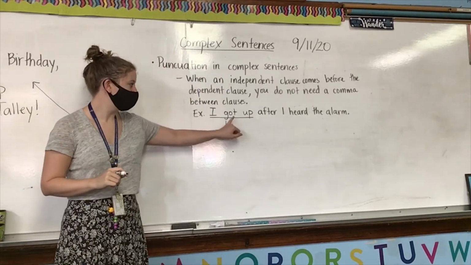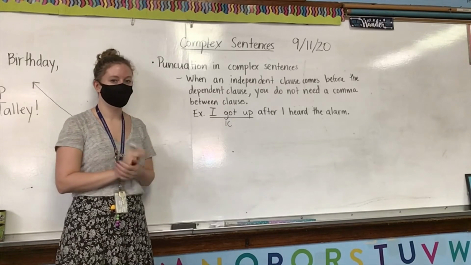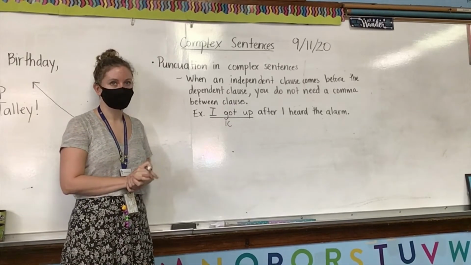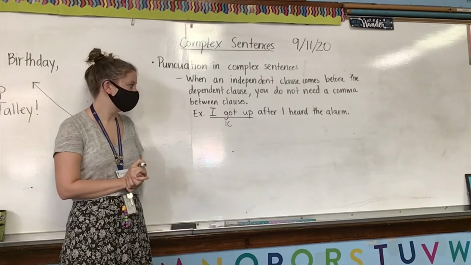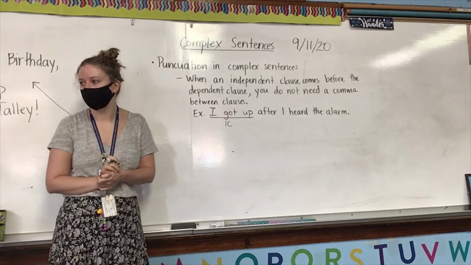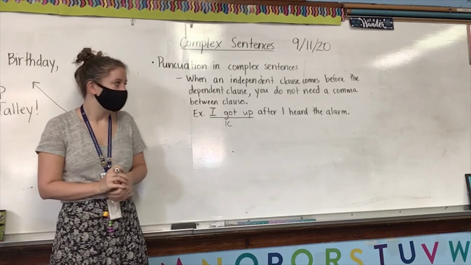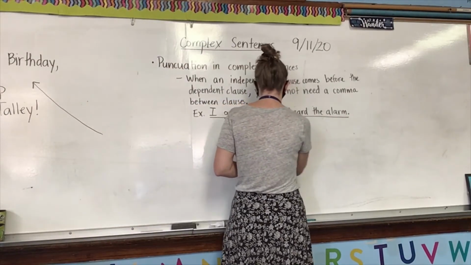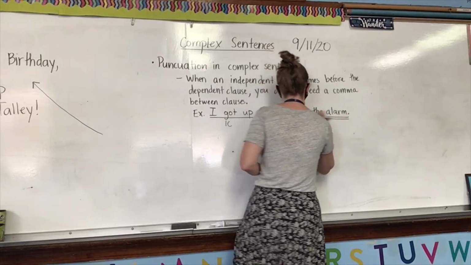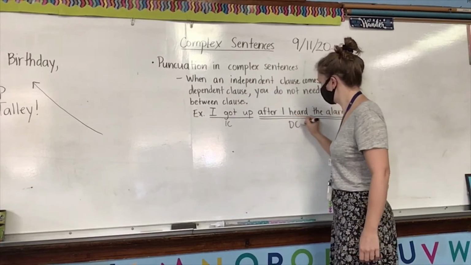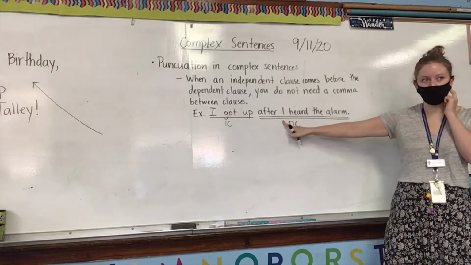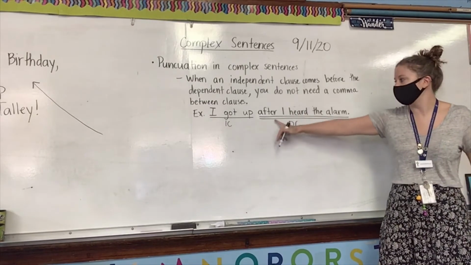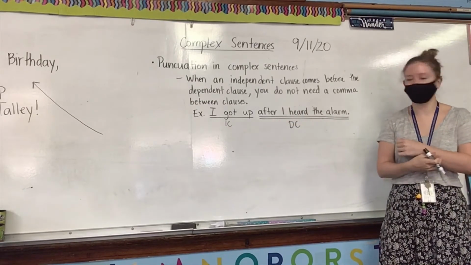Subject I, predicate got up. We don't have any more questions, unless we're curious, but it makes sense, I got up. And then we have our dependent clause, after I heard the alarm. We have our subject, I. We have the predicate, heard the alarm. But that word after makes us have questions.